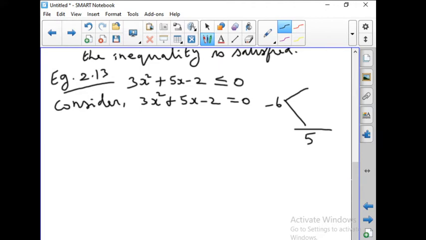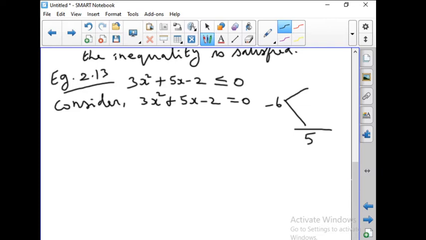You have learnt this in 10th standard. The product of the coefficient of x square and the constant term gives you the product. So 3 into minus 2 is minus 6, and the coefficient of x is the sum, so it is plus 5. Now 5 is separated into two numbers such that when you add you get 5 and when you multiply you get minus 6.